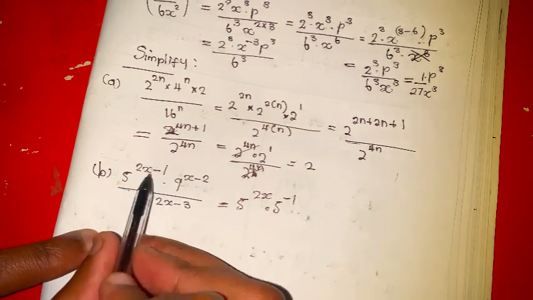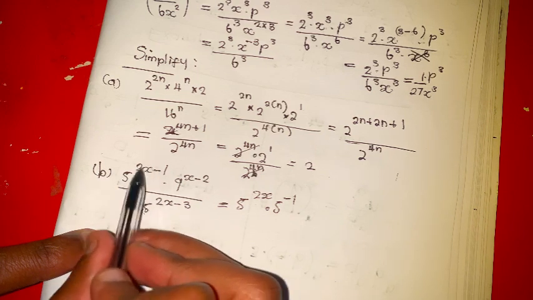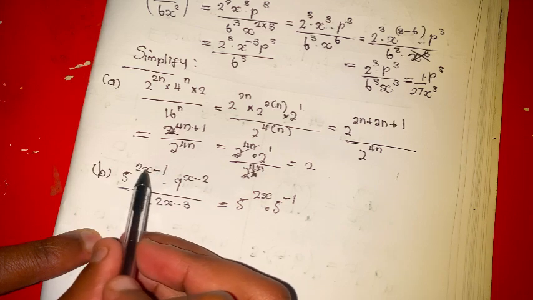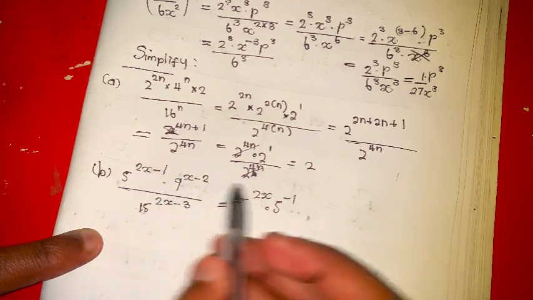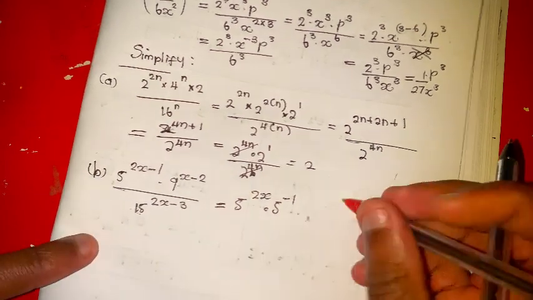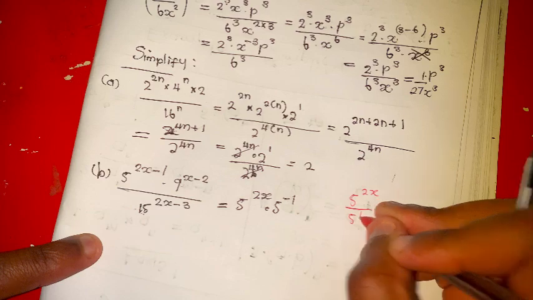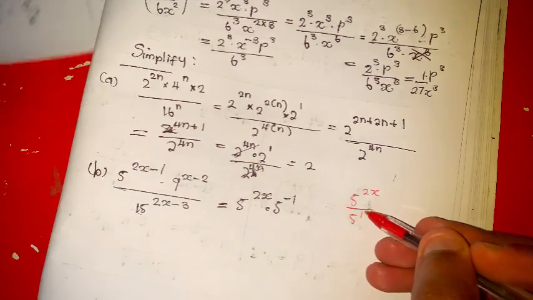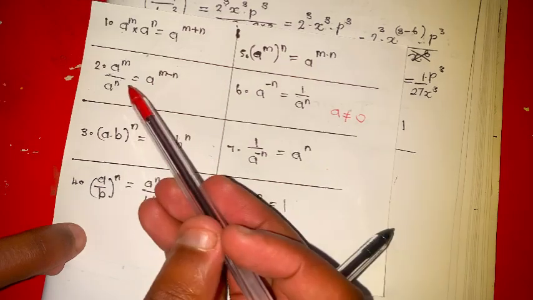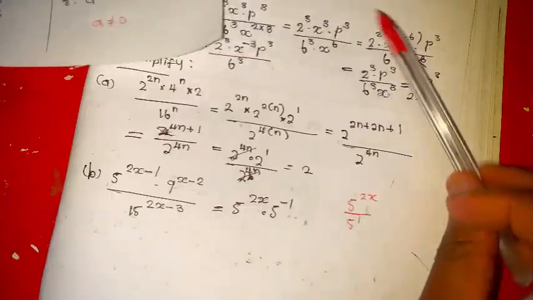Remember, when you have this, you can write it as this because the exponents were added together. And you can also write it as 5 raised to x over 5 raised to 1, because according to this law, you will subtract the exponents.